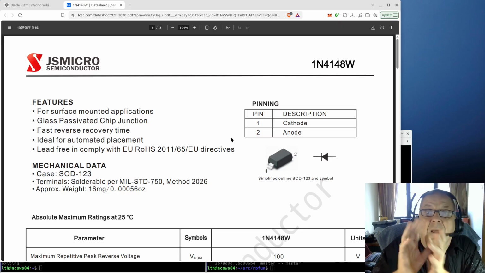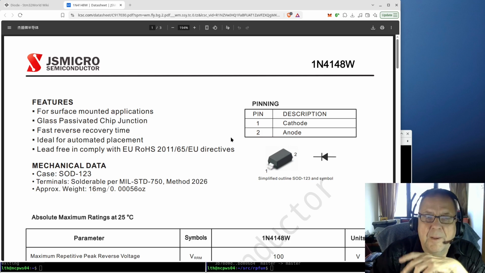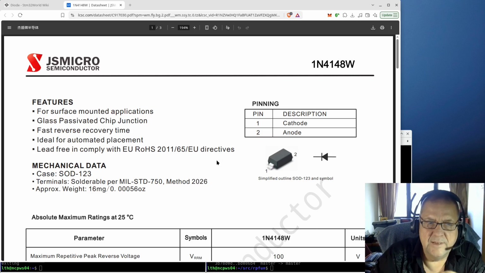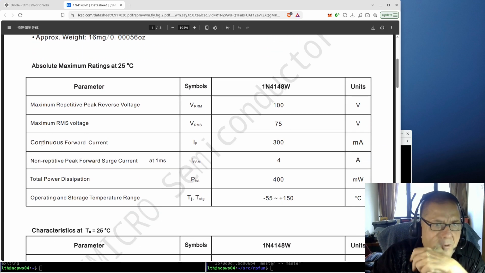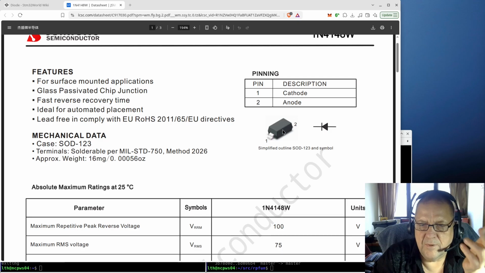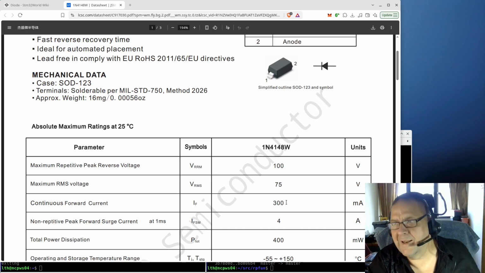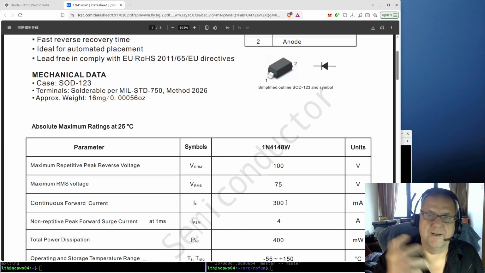Let's briefly go through the data sheet and look at some of the important values in it. First of all, continuous forward current, 300 milliamps. So if you have a continuous forward current of more than 300 milliamps, you can expect this diode to blow up and send out blue smoke.